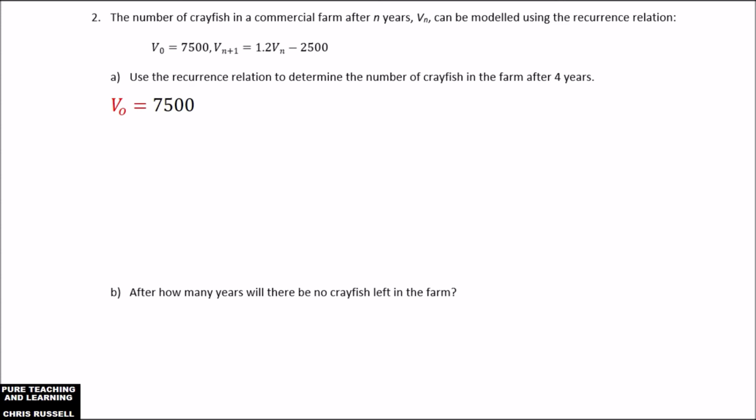So we're doing what we've done before, which is substituting values into the recurrence relation. So V0 equals 7,500. Substitute that into the relation, we get 6,500. And we keep following the process.